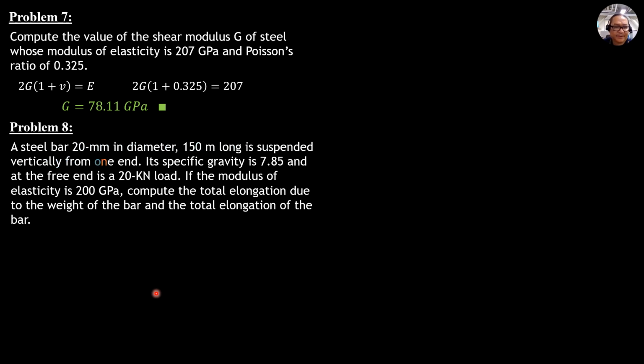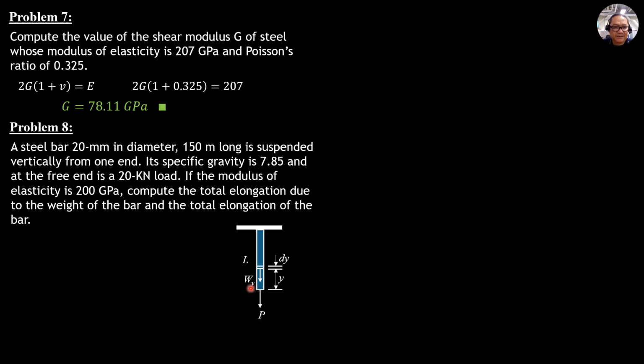For the elongation due to the weight, let's draw the figure to analyze the situation. We have here the strip dy, at distance y from the free end, where P, a tensile load, acts.